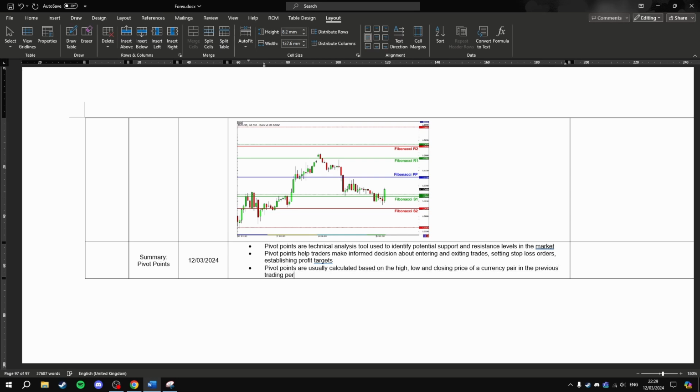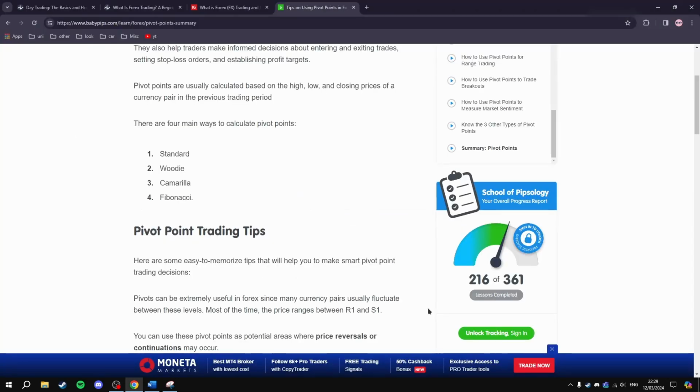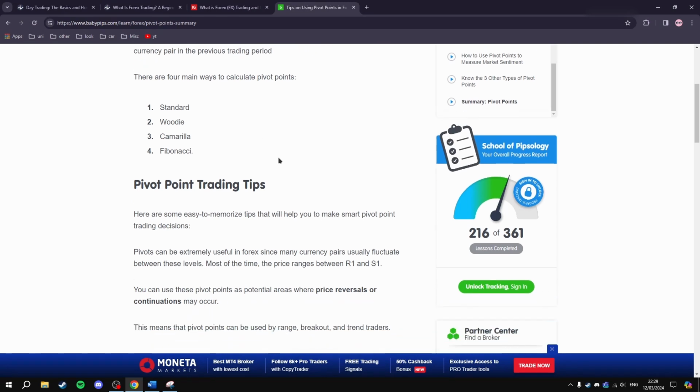There are four main ways to calculate pivot points.